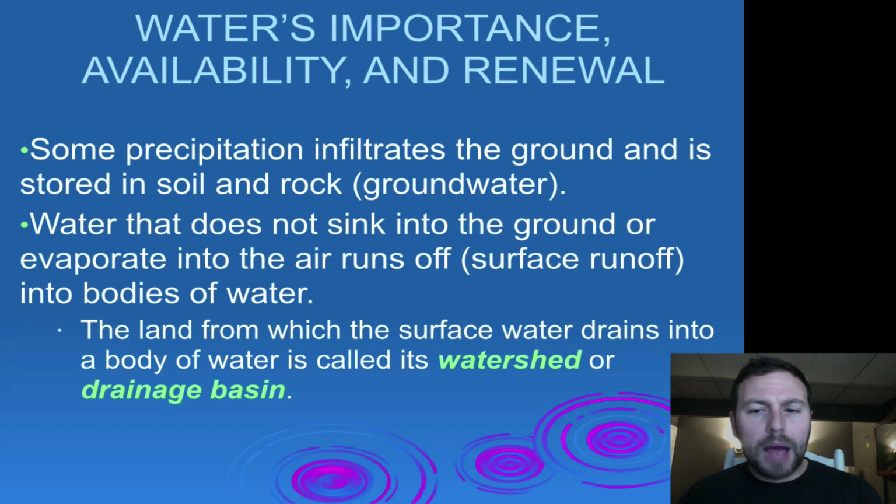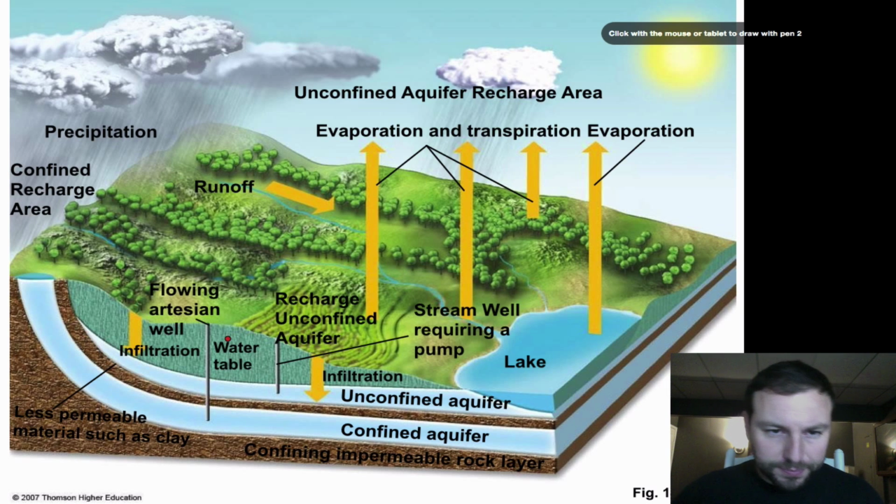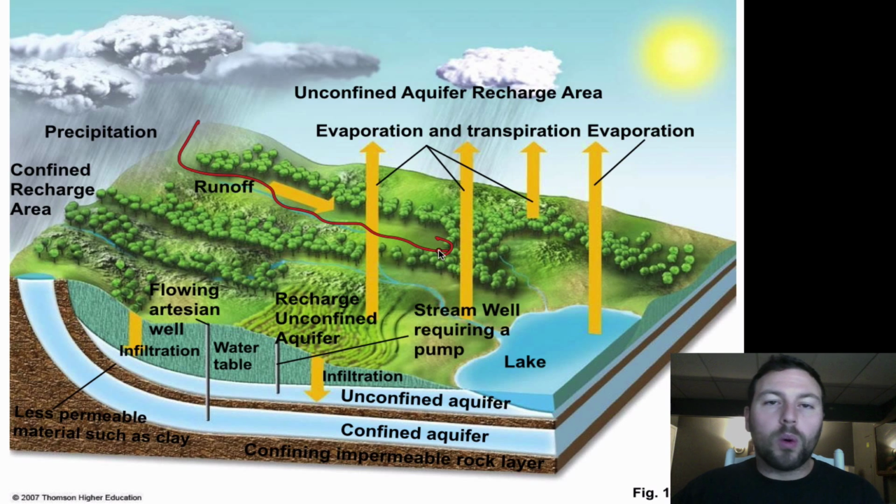And how that runoff gets channeled and directed into other bodies of water is known as a watershed or drainage basin that we're going to see here. So there's definitely a number of things that we have to look at. So we have our precipitation, we can have our runoff. So this is water that has not infiltrated or percolated into the ground.